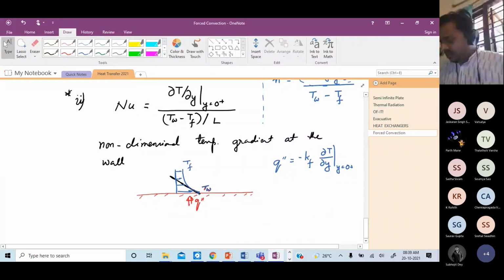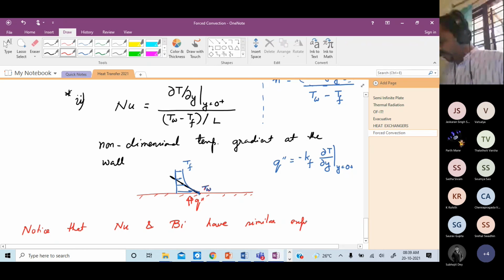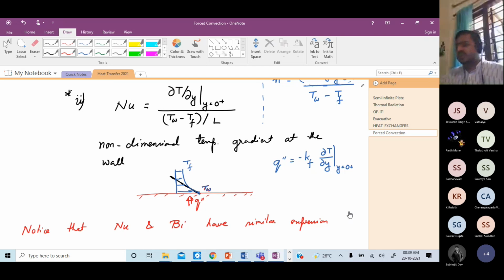Acha. Now what I want you to notice is that the Nusselt number and Biot number have similar expressions, isn't it? Both are HL by K. So what is the difference?